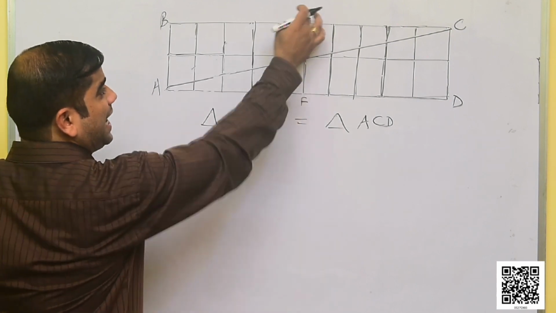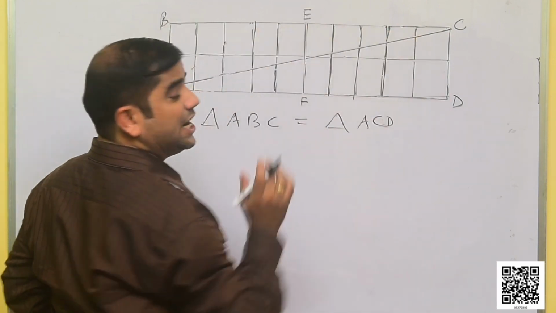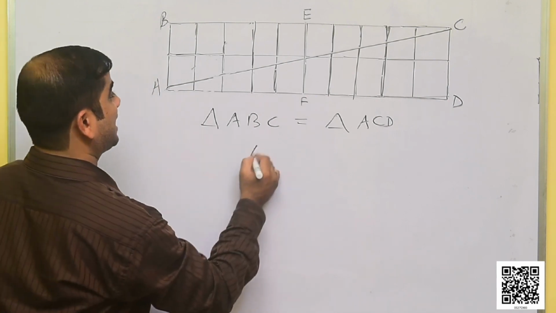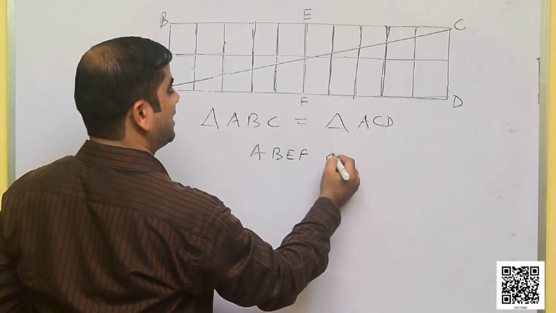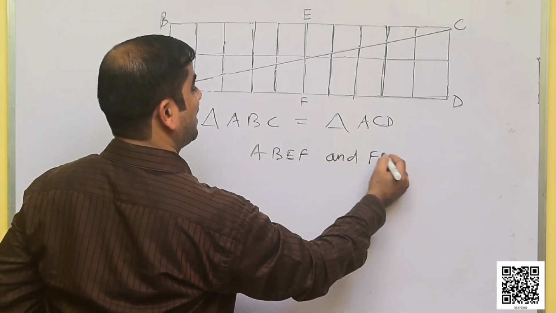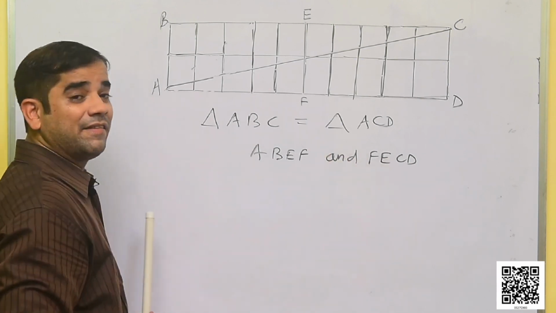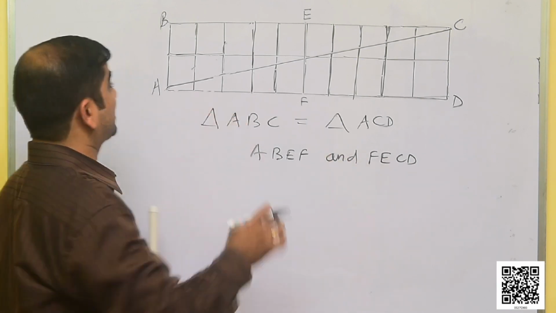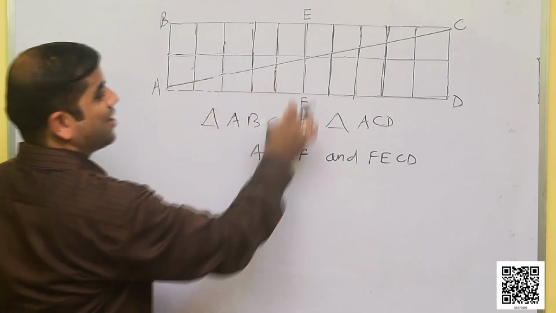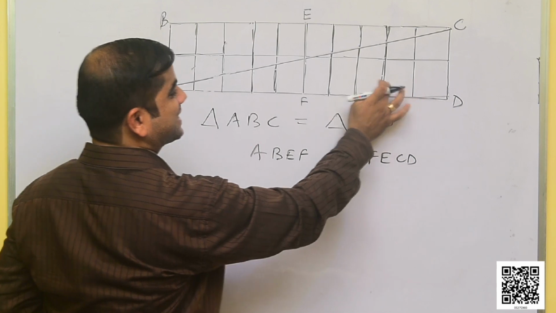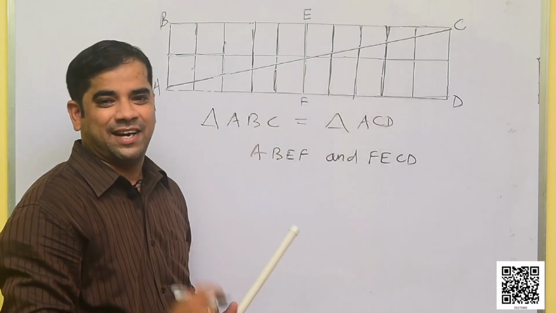So now EF is dividing the rectangle ABCD into two equal rectangles ABEF and FECD. So both these rectangles are having equal number of squares 1, 2, 3, 4, 5, 6, 7, 8, 9, 10. So they are having equal area.